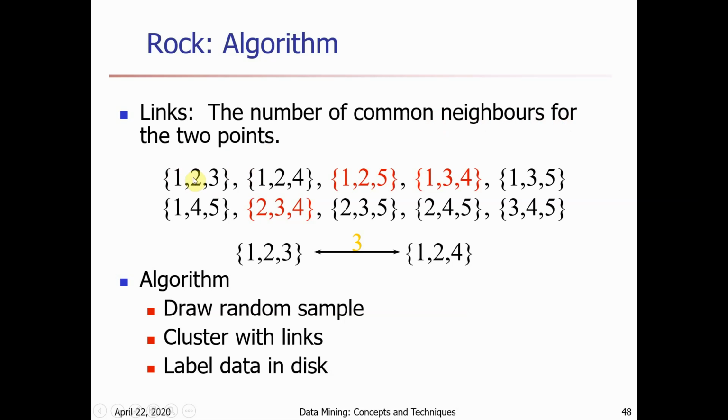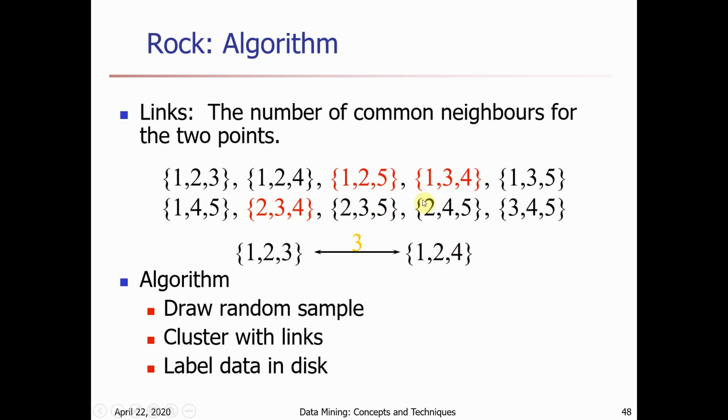How to identify the link between 2 points based on the ROCK algorithm? Means common neighbors for the 2 points. Now let us assume this particular example, in which we have 10 points. For example, let us assume the first 2 points, 1 2 3 and 1 2 4.